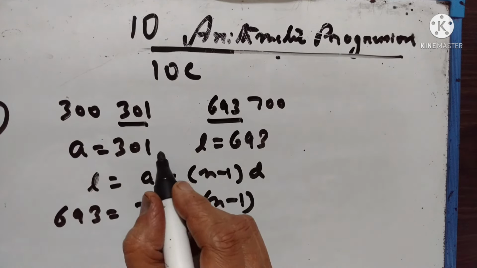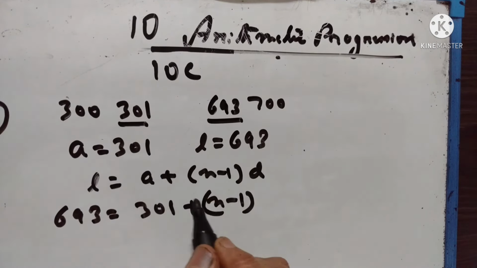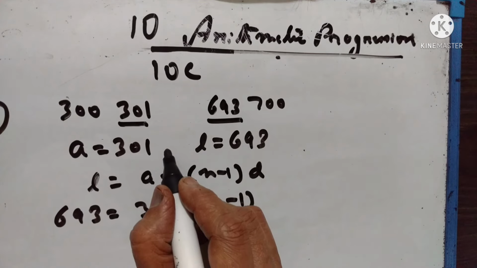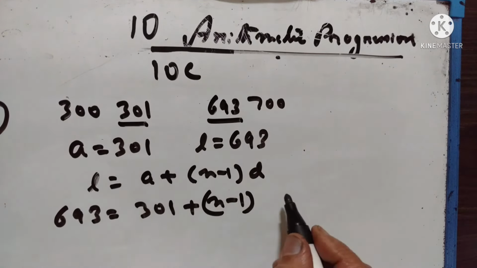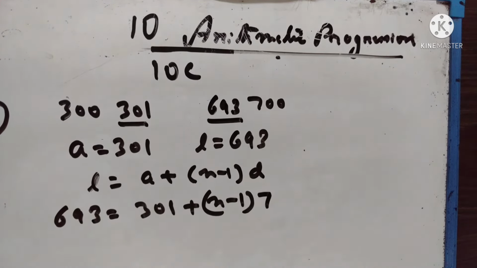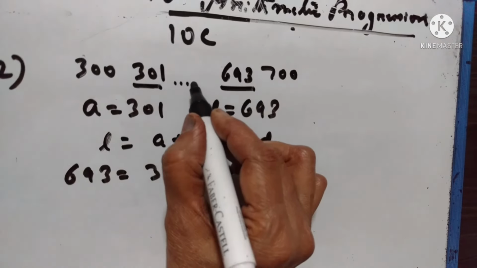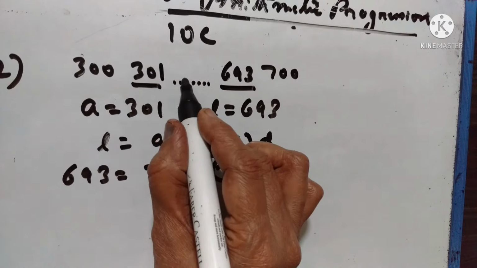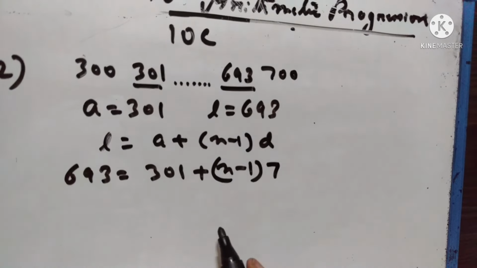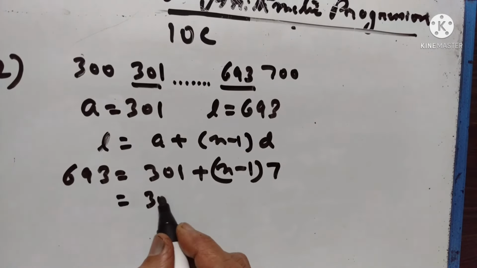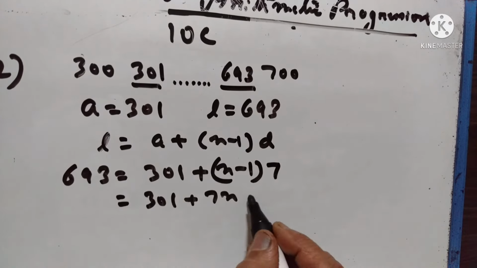The next number is 308, which is divisible by 7. So the difference is equal to 7. Since these are multiples of 7, the difference between consecutive numbers is 7. This is equal to 301 plus 7n minus 7.